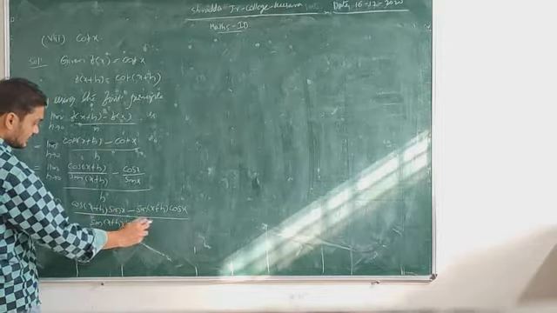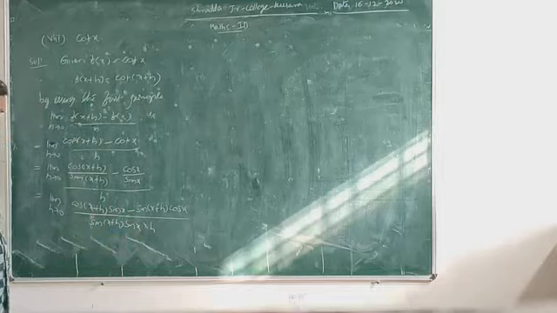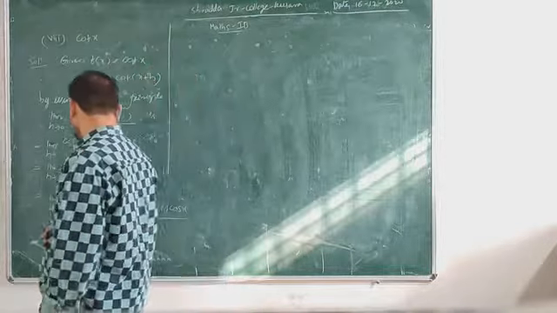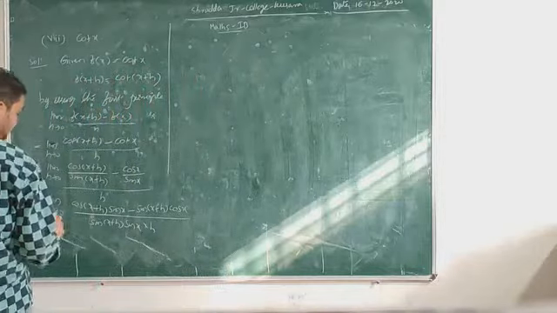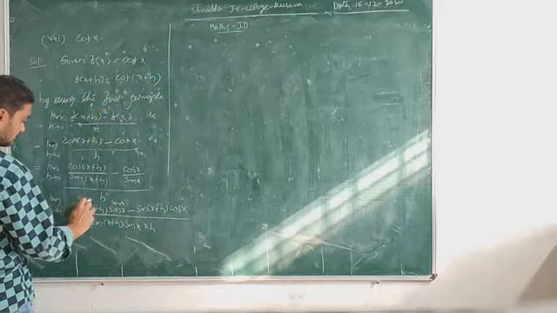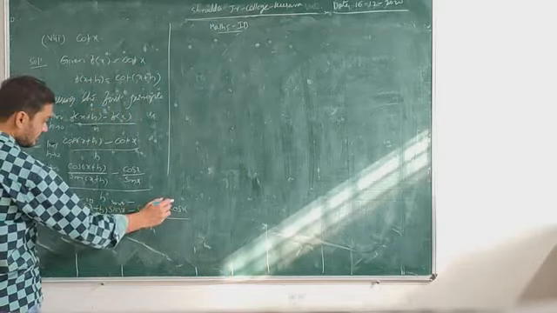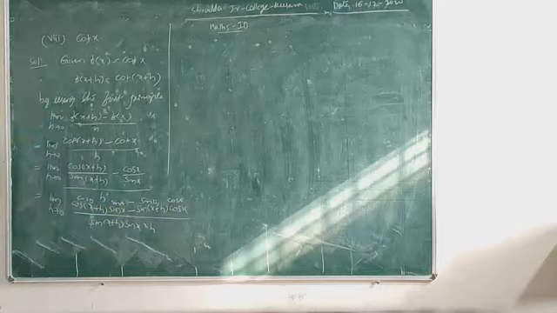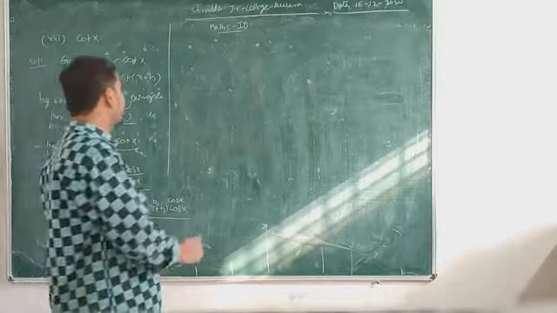Now here see, this is in which form? Sin a cos b minus cos a sin b. What is the formula?